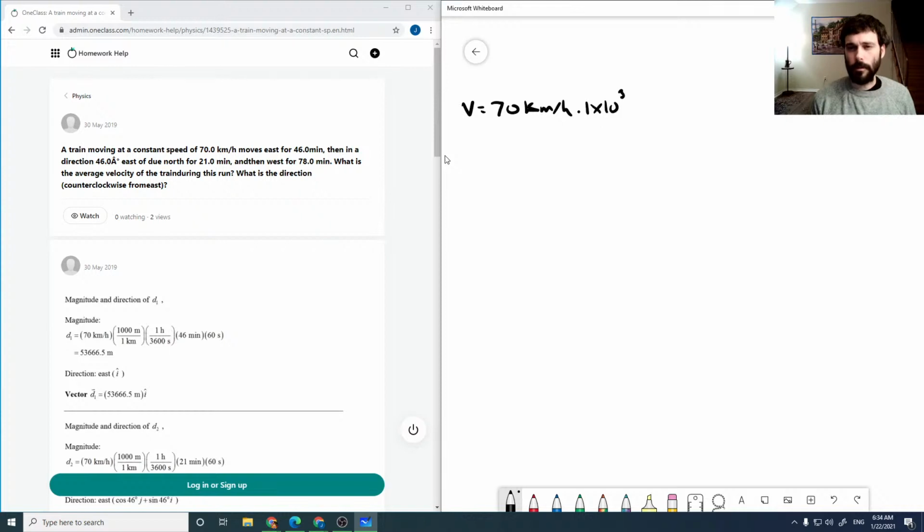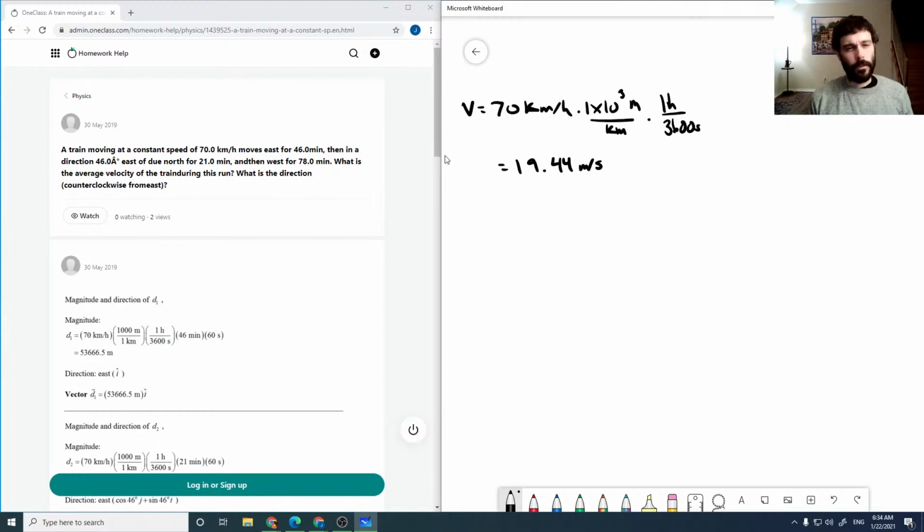So 1 times 10 to the 3 meters per kilometer times 1 hour per 3,600 seconds, which comes to 19.44 meters per second.